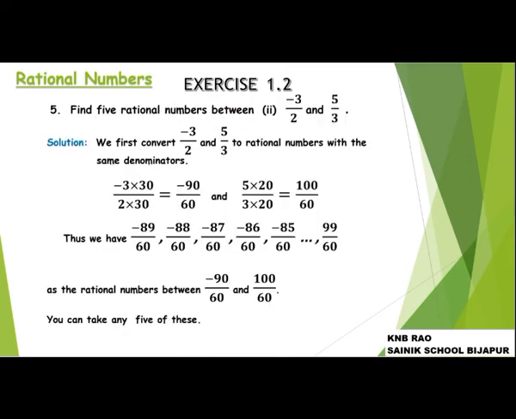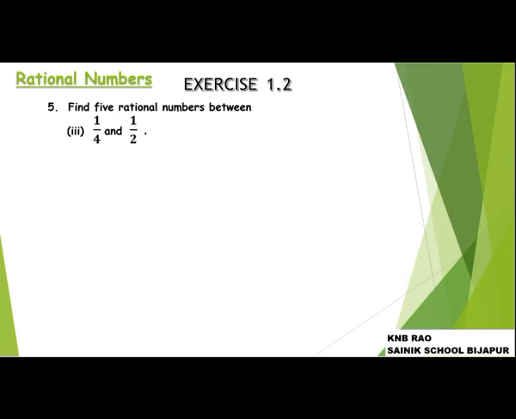Okay, children, you can pause the screen and note down. Similarly, find 5 rational numbers between 1 by 4 and 1 by 2. Here also the LCM of 4 and 2 is 4 only.